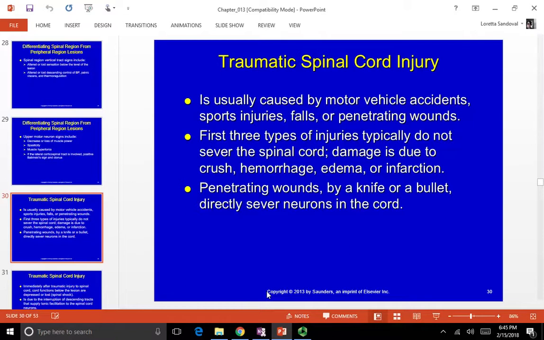The damage that occurs is due to crush, hemorrhage, edema, or infarction, which is a loss of blood flow to the area. Penetrating wounds by a knife or a bullet or anything sharp can directly sever neurons in the spinal cord. So lots of different traumatic things can cause spinal cord injuries.